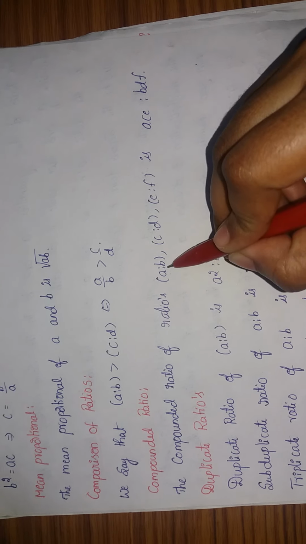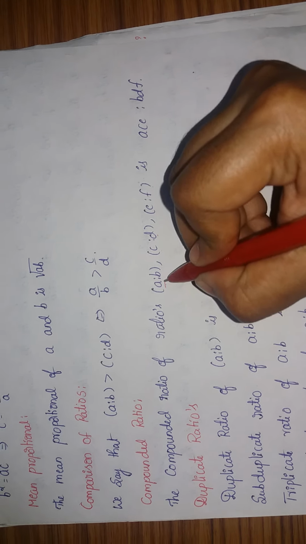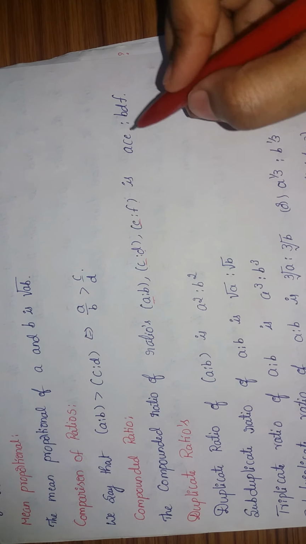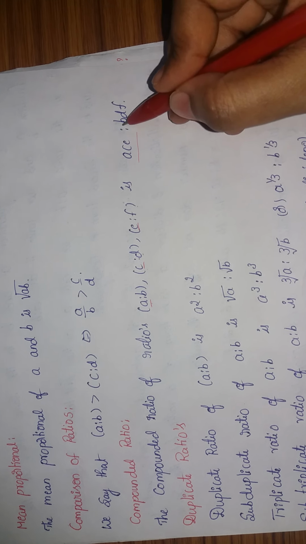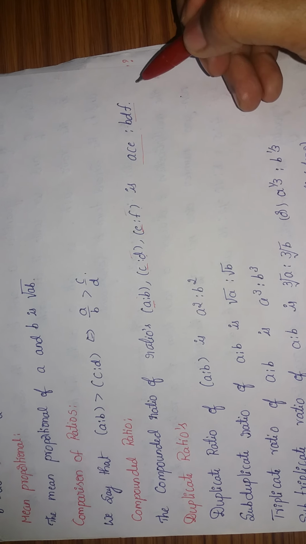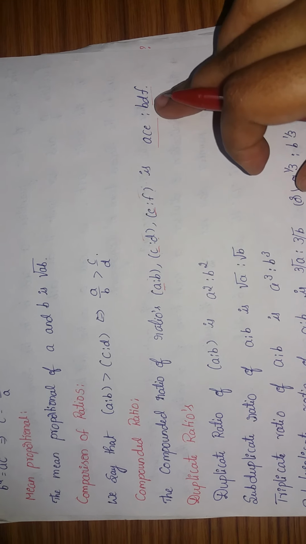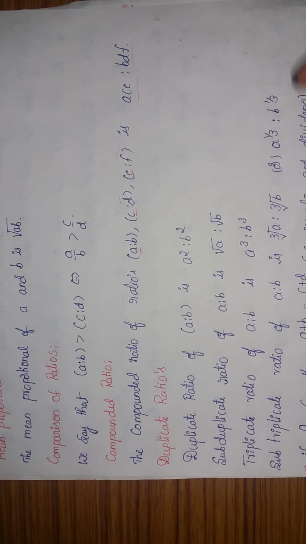Here A is to B, C is to D, E is to F. In all these terms, the product of all the first terms, antecedents A, C, E is to all the consequents B, D, F. Means the product of first terms is to the product of second terms is a compounded ratio.